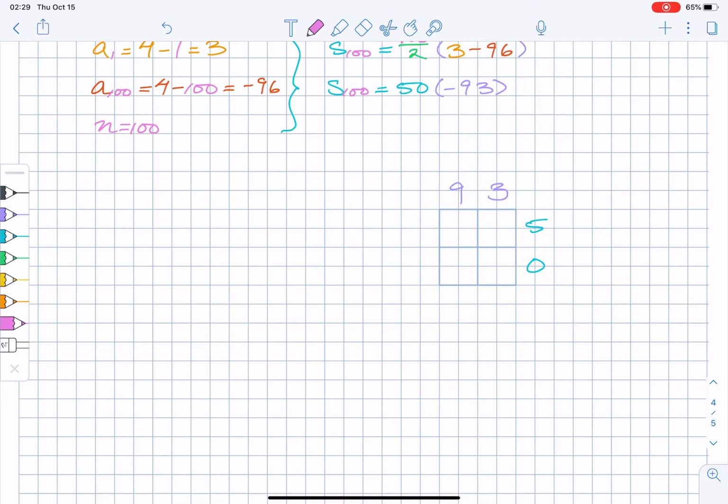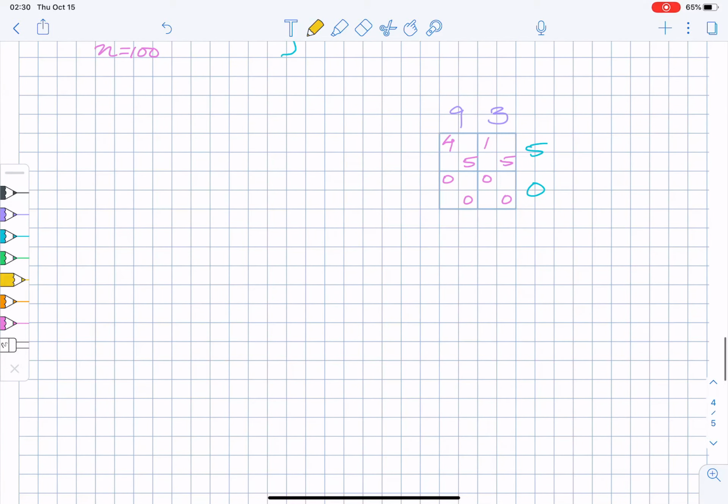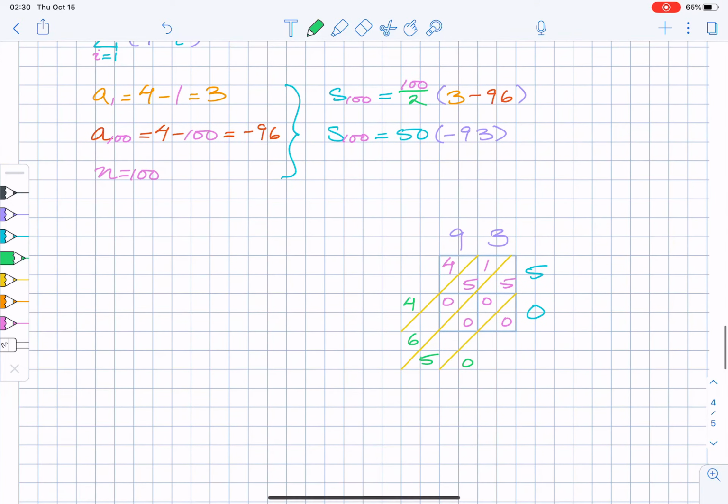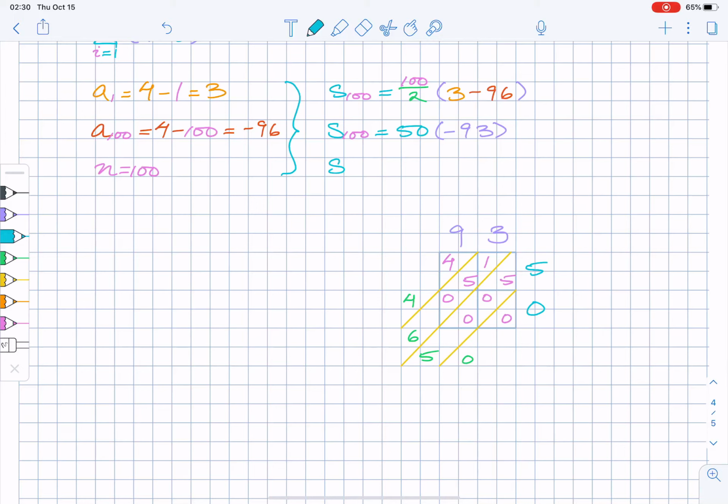Okay. So what do we have? 9 times 5 is 45. 5 times 3 is 15. And 0 times anything is 0. My favorite numbers. Okay, so let's calculate this. Starting from the rightmost, you have 0, 5, 6, and 4. So I claim that the 100th partial sum of the series in this particular question is going to be negative 4650.